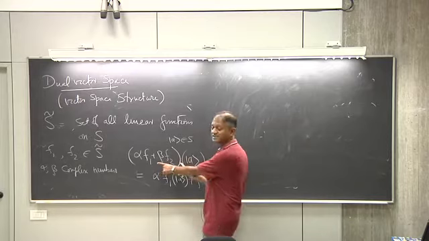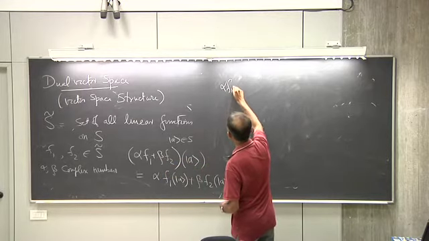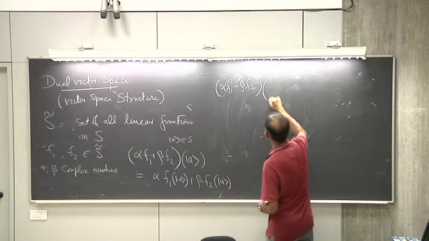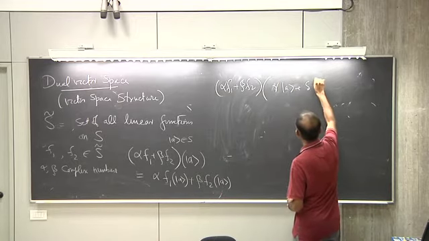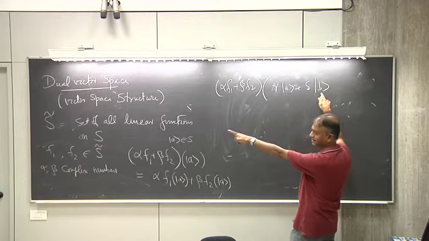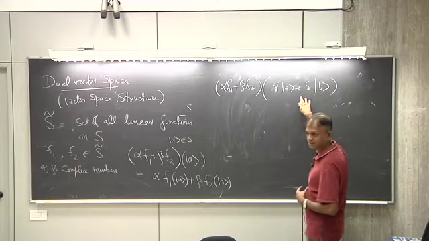So I want to check whether this is linear. So we want to check this object alpha f1 plus beta f2 acting on say some gamma A plus delta B, where gamma and delta are complex numbers and A and B are arbitrary vectors of S. So I want to ask how this acts on that, right?